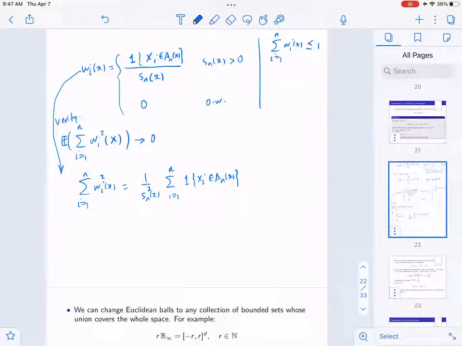It would be like this if I put an indicator of SNX bigger than 0 here; otherwise the entire thing would be 0. So when I square it, the numerator remains the same, this gets squared and comes out. So I have that situation there.